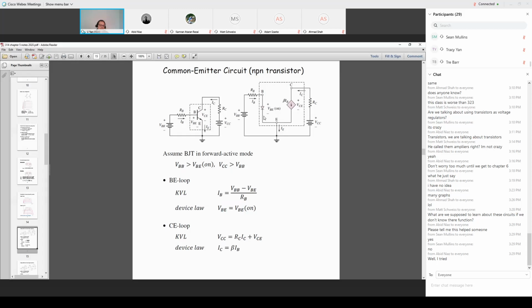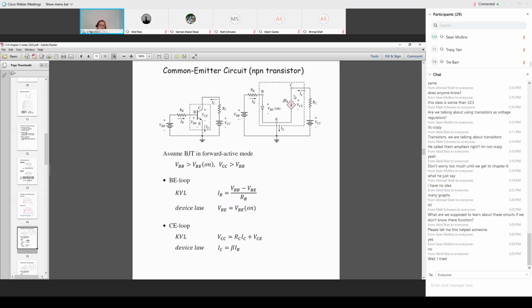The turn-on voltage is called V gamma. Once turned on, that voltage is fixed at V gamma, which we call VBE on. But when it's off, if you don't have sufficient voltage to forward bias it, this part of the circuit is broken. Transistor off, no current. That's the modeling between the base and emitter.